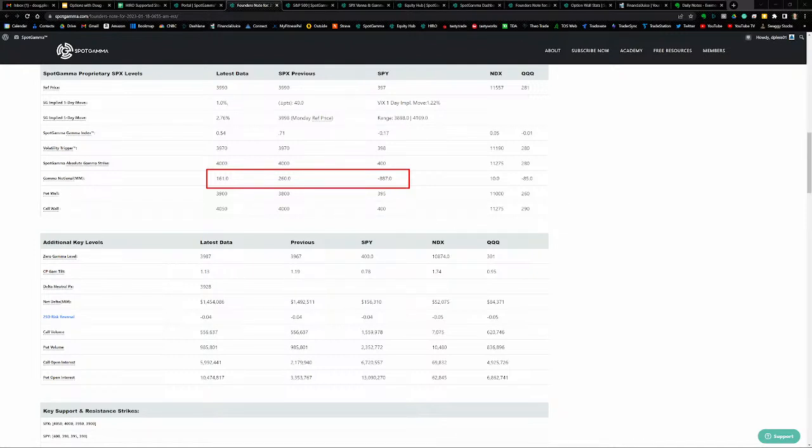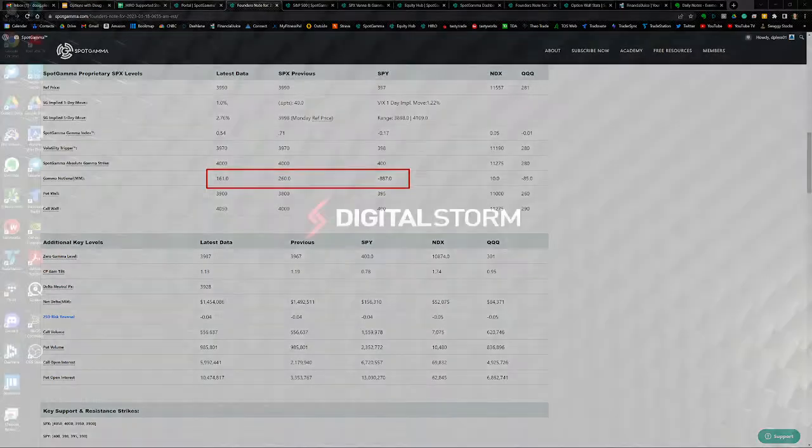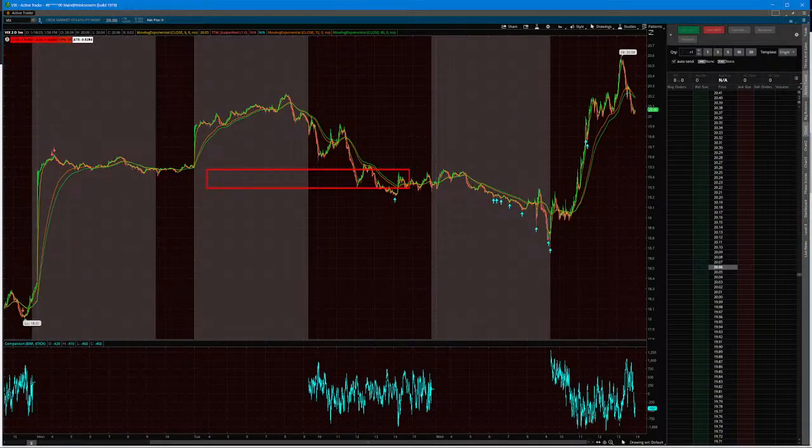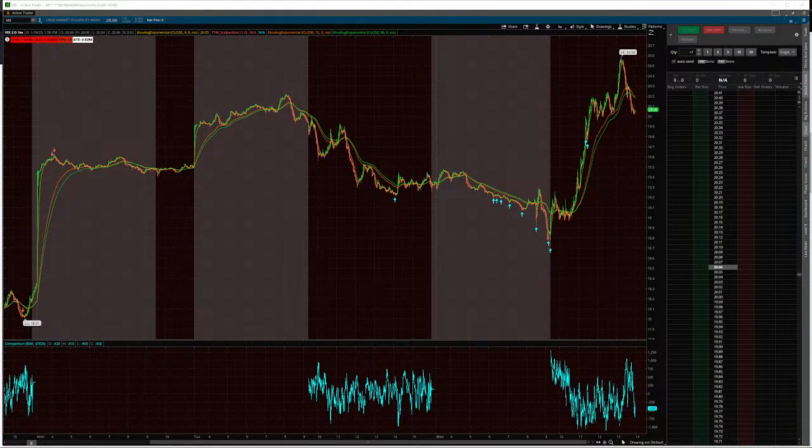And let's just take a look at VIX. So VIX is definitely increasing today.